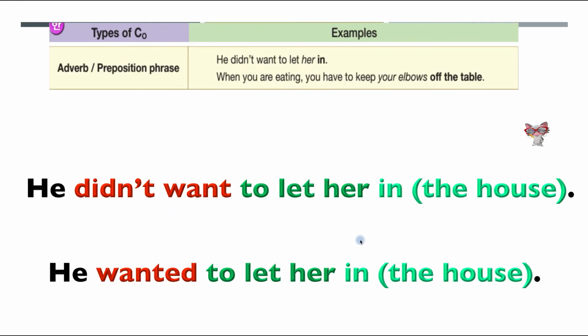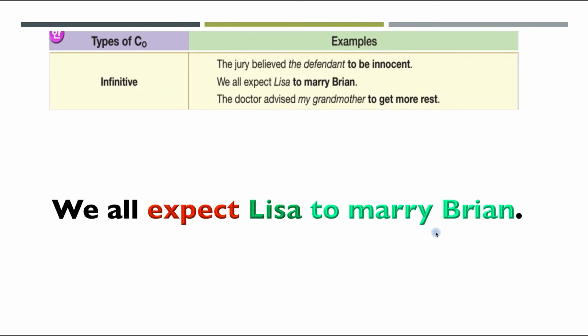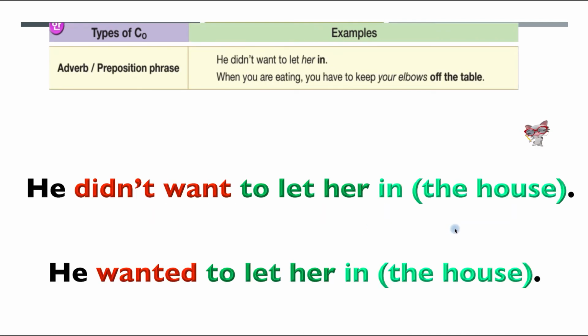And then we all expect Lisa to marry Brian. So notice the similarity between this one and to let her in, but here the infinitive is the object complement. So like the previous one, the main verb is very important to decide what form comes for the object.